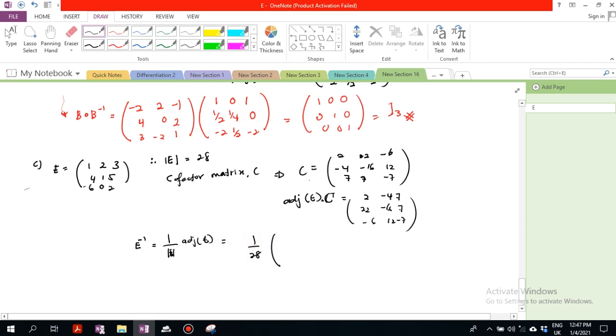Then you put the matrix, which will be 2 negative 4 7, 22 negative 16 7, negative 6 12 7. Okay, so this is your final matrix.